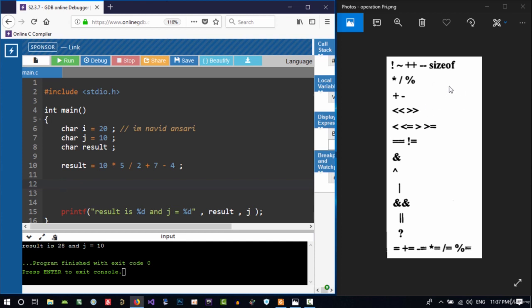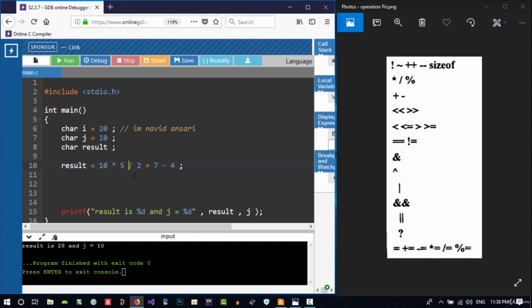There is something that is not in this table, and that is parentheses. Parentheses is more important than each one of these. So if we put these two in parentheses, it will happen sooner than the rest of them.